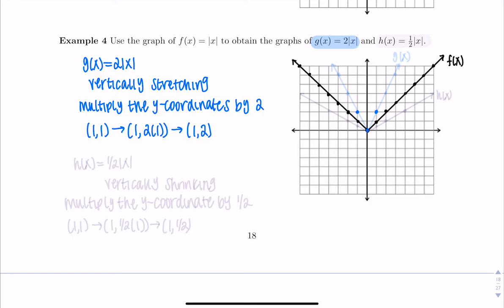At 2, 2, we're now going to have 2, 4. And same thing with negative 2. At 3, you're going to have 6. And so you can see that the graph is now being stretched vertically, which makes it more narrow. So that's g of x.